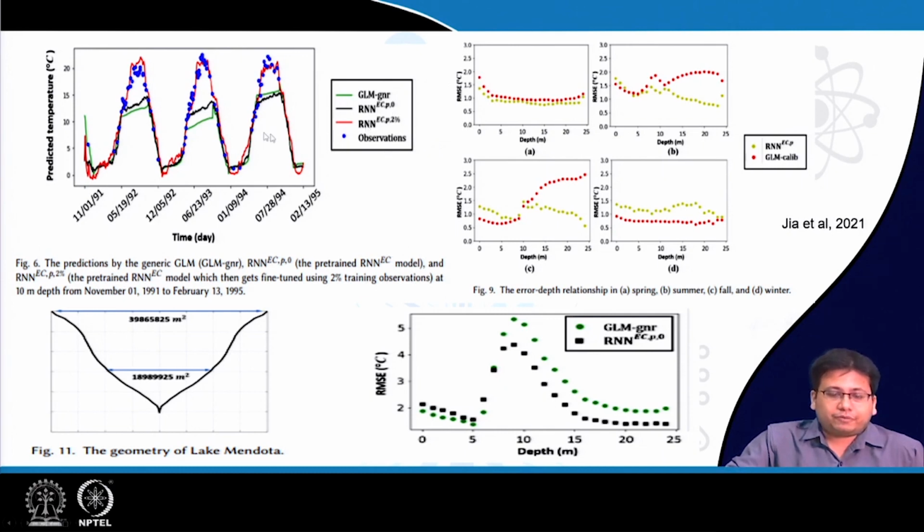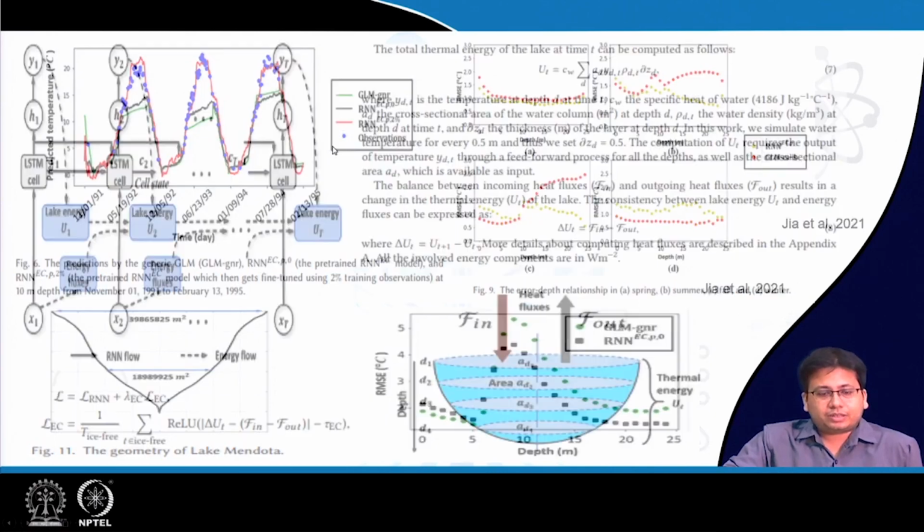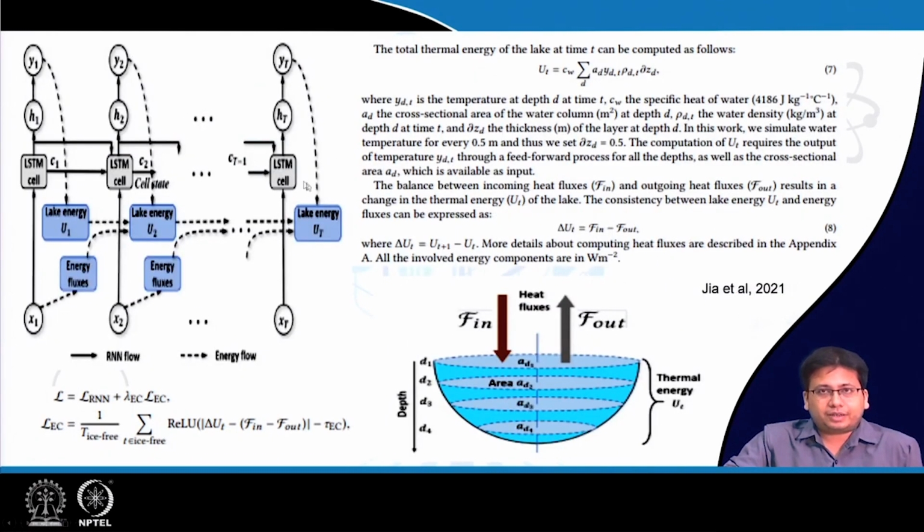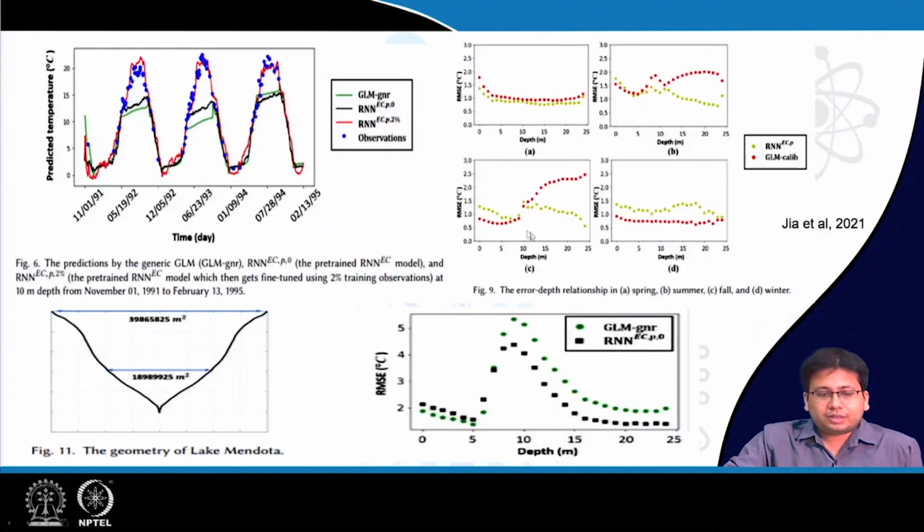Then for this particular lake, if it is retrained once, that is to say some of its parameters are re-estimated once using the observations, then we see near perfect performance. This red curve follows the blue dots almost perfectly, so with only 2% of the observations it is able to fit so well.